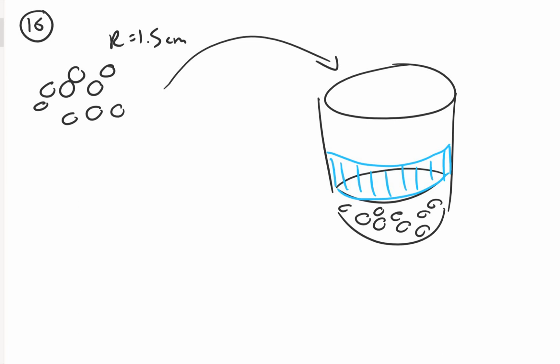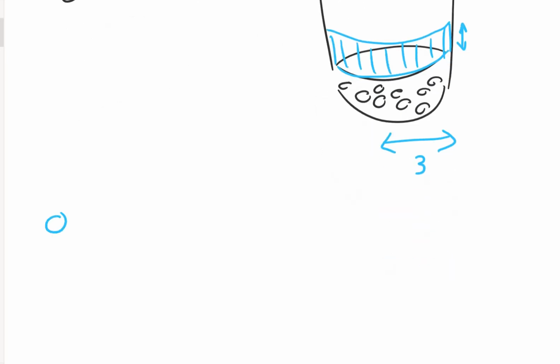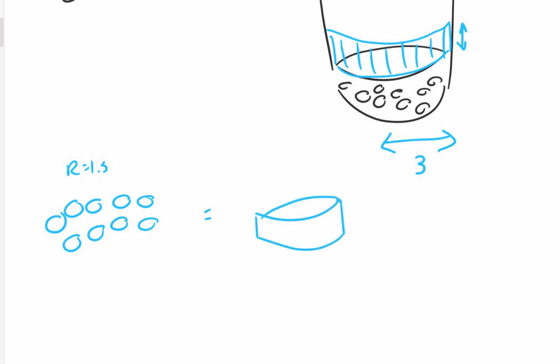They tell us that the radius of this is 3. They want the increase in height. So basically we have these 9 spheres with radius 1.5, and that equals this cylinder shape, which is the same as the rising water, with a radius of 3, but we don't know the height, but we can find it.